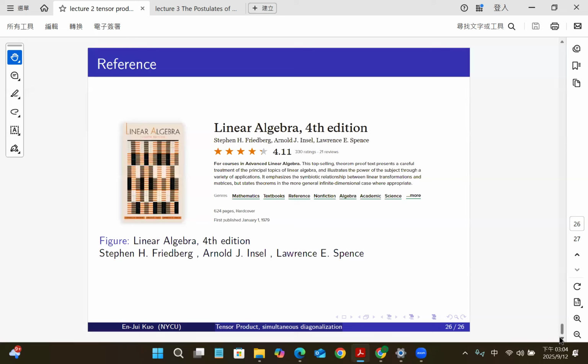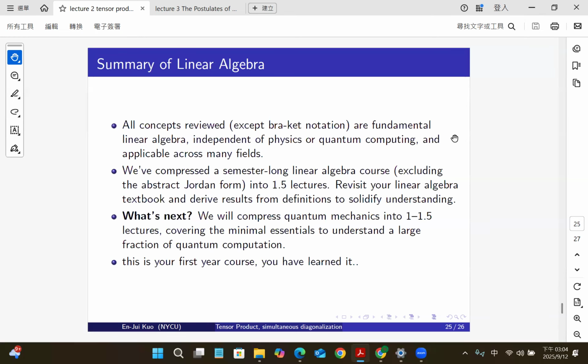By the way, you can just download this PDF if you forget. Except for the Jordan form, yeah. If you are interested in Jordan form, then you can try to learn it.